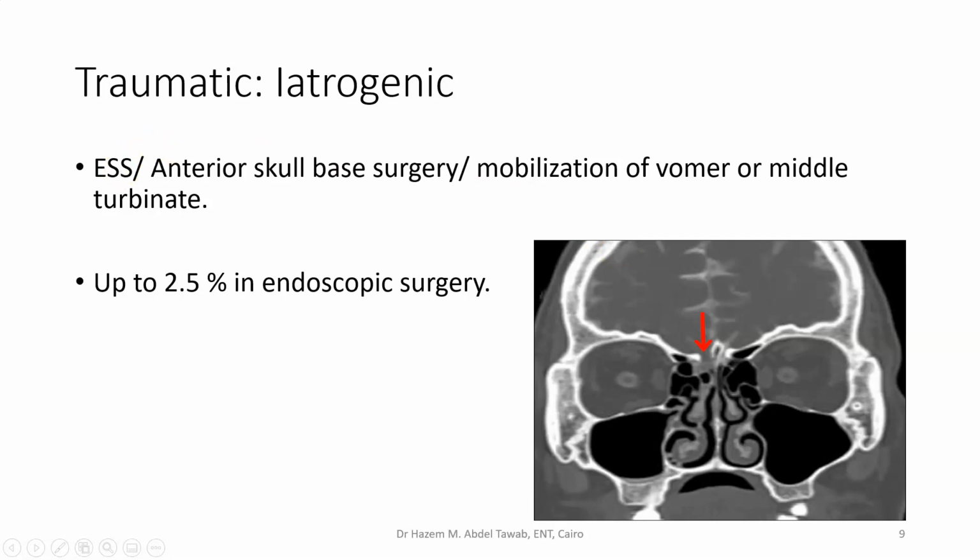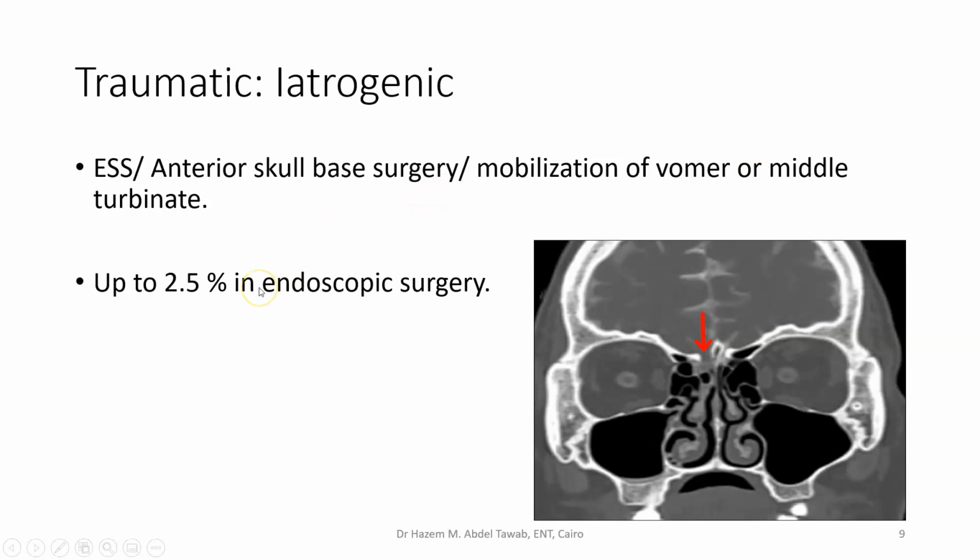Any operation with the scope can cause that defect if the surgeon is not skilled enough or is less experienced. Also in anterior skull-base surgery, sometimes with only mobilization of the vomer, or of the middle turbinate, it might cause a crack, and this crack will cause CSF rhinorrhea to happen.